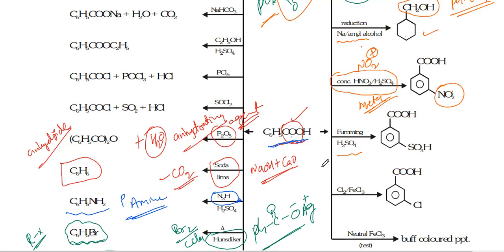In benzoic acid, all substitution reactions take place at the meta position, because it is a meta directing group. So sulfonic acid forms. Then while reacting with chlorine also, the electrophile reacts with benzene at the meta position.